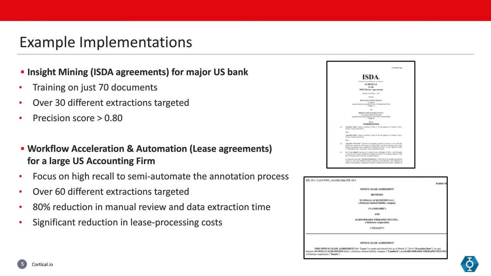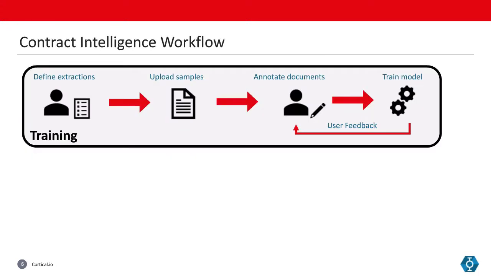So let's now take a look at the workflow for somebody using Contract Intelligence. The workflow is straightforward. For any given legal document, a subject matter expert decides which terms and clauses need to be extracted. They then load sample documents and annotate the elements within the documents with a straightforward user interface. After annotating as few as 50 documents, the system is ready to go into production.